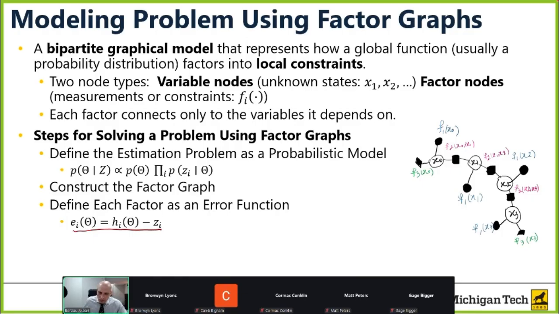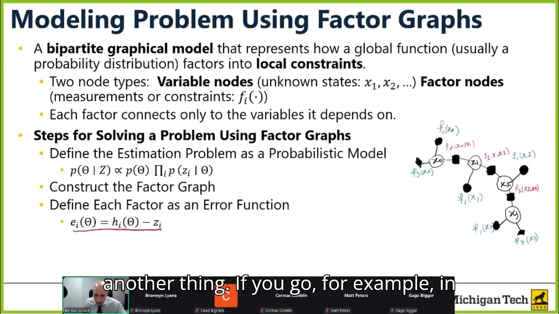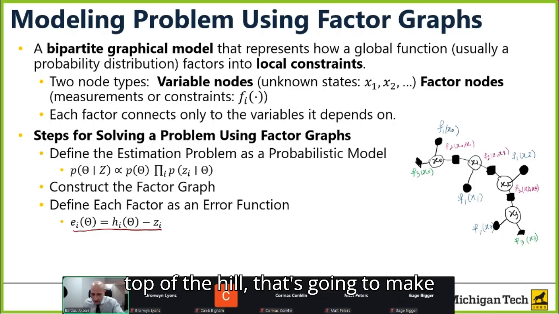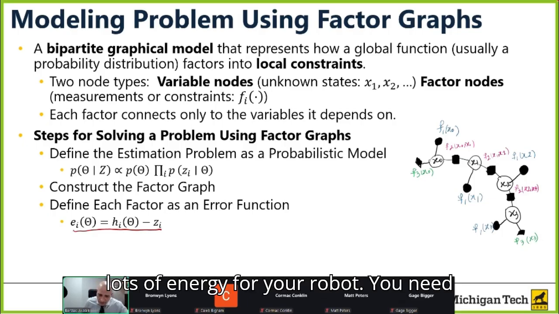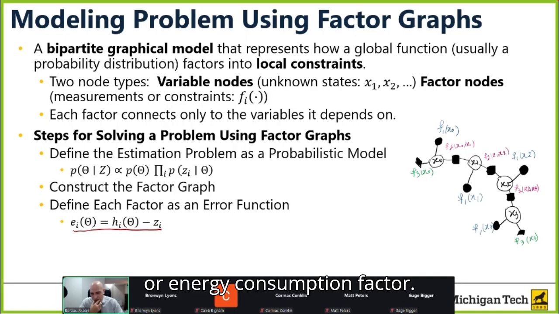We call these consumption factors, like battery consumption. If you go on top of a hill, that's going to use lots of energy for your robot. You need to find a way not to waste your energy or your battery. That's called an energy factor, or energy consumption factor.